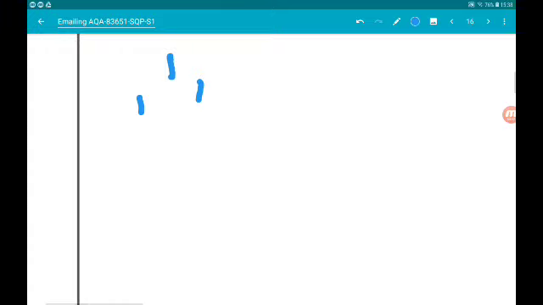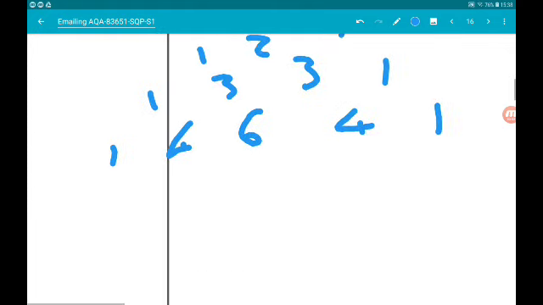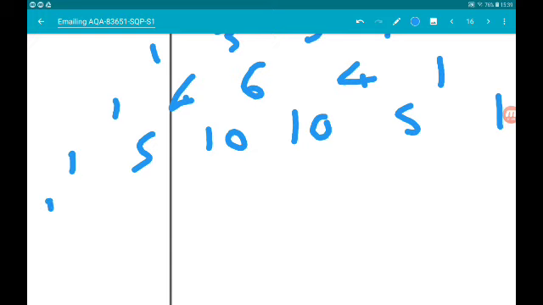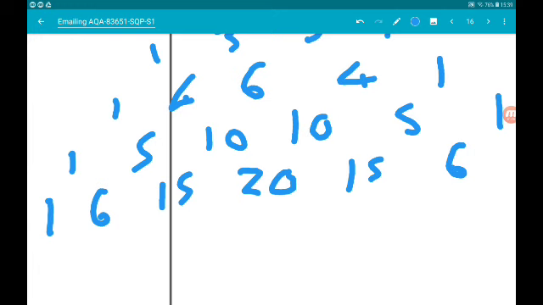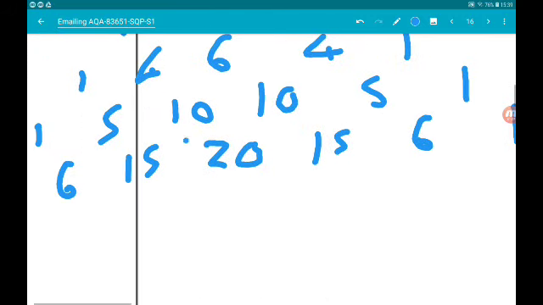So we got 1, 1, 1, 1, 2, 1, 1, 3, 3, 1, 1, 4, 6, 4, 1, that's the 4th row, 1, 5, 10, 10, 5, 1, that's the fifth row, and then 1, 6, 15, 20, 15, 6, and 1.